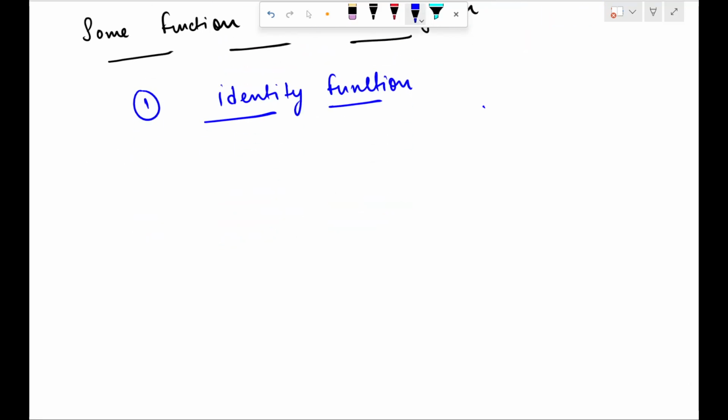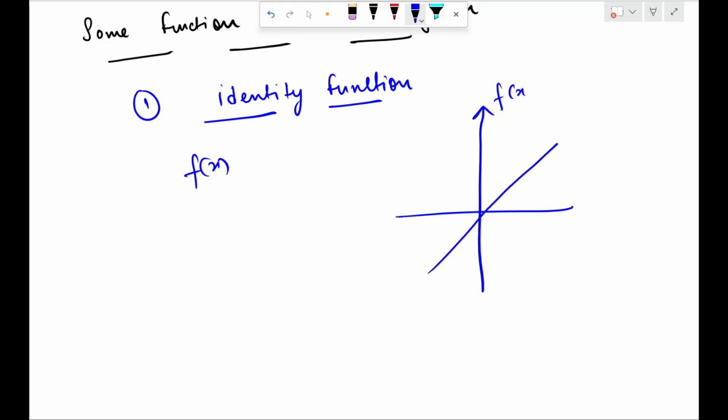Its graph will be like this, where this is f of x and this is x, f of x is equal to x, and its domain is real numbers and its range is real numbers.